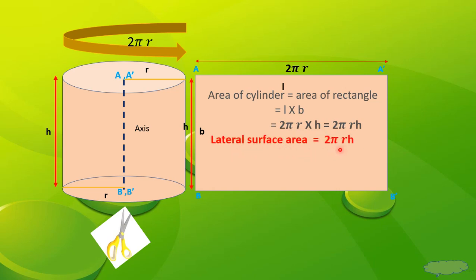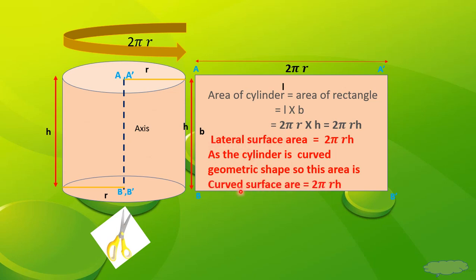But as we know, the cylinder is a curved geometric shape. Here the cylinder does not have any line segments, it has curved parts all over, so the lateral surface area is now known as the curved surface area. So we can say the curved surface area is equal to 2 pi r h.